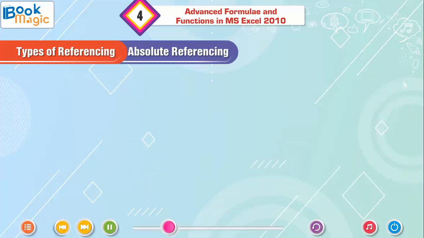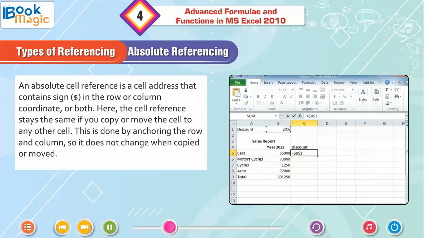Absolute referencing. An absolute cell reference is a cell address that contains the dollar sign in the row or column coordinate or both. Here, the cell reference stays the same if you copy or move the cell to any other cell. This is done by anchoring the row and column, so it does not change when copied or moved.